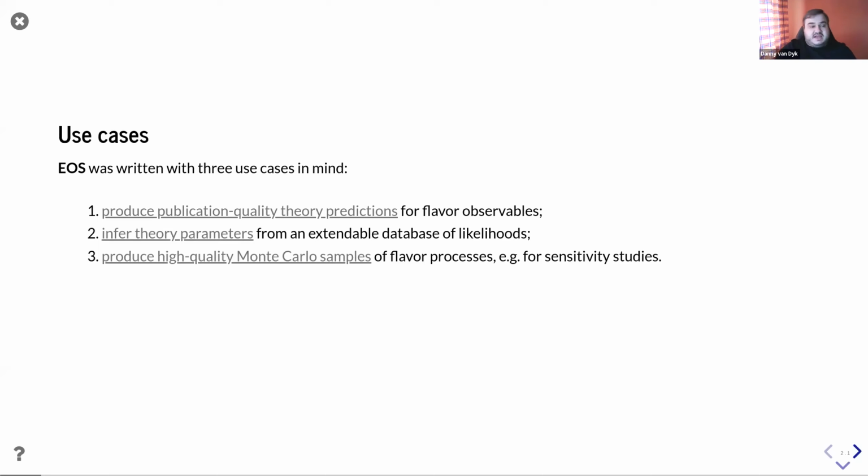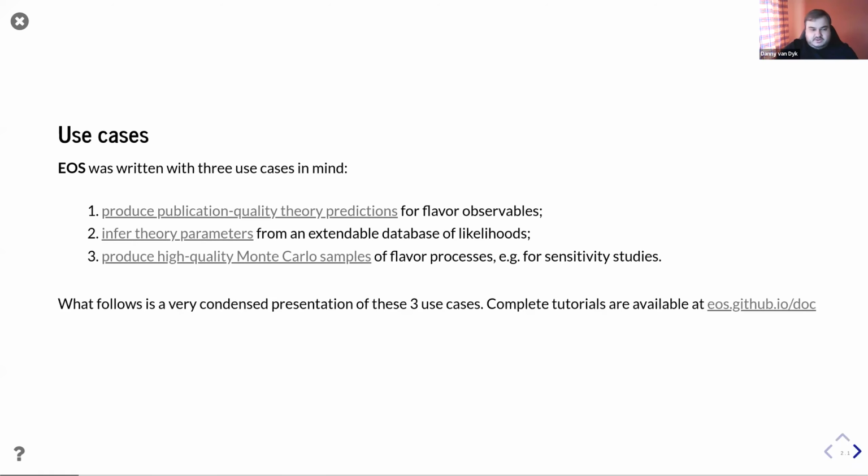And third, to produce high-quality Monte Carlo samples of flavor processes, for example, to conduct sensitivity studies. What follows is a very condensed presentation of these 3 use cases, and the complete tutorials are available online behind this link here on the EOS GitHub page.